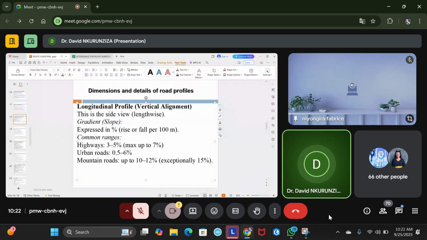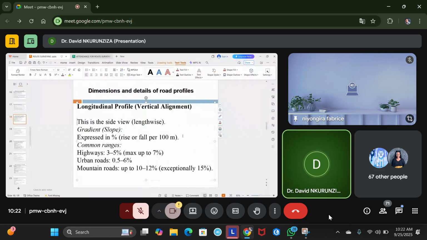In urban roads, we can have this range also. But here in Rwanda, if I try to recall what we have in Kiyovu, climbing from the roundabout down to Olympia, I think it is above 15%. That is exceptional. Here you can see they are saying the exceptional gradient should be 15%.